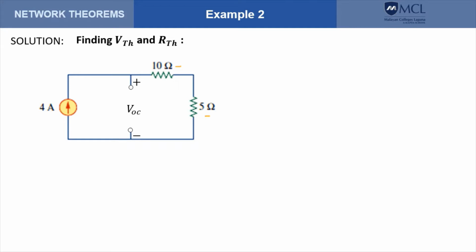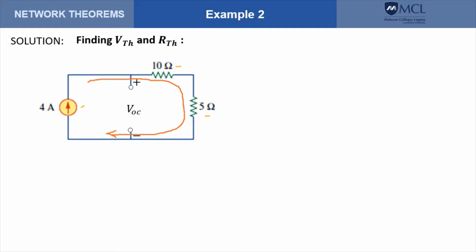Now, when we remove the 20 ohm resistor, it should be observed that this current source will flow directly to the two resistances. So that means that the current through the 10 ohms and 5 ohms is 4.